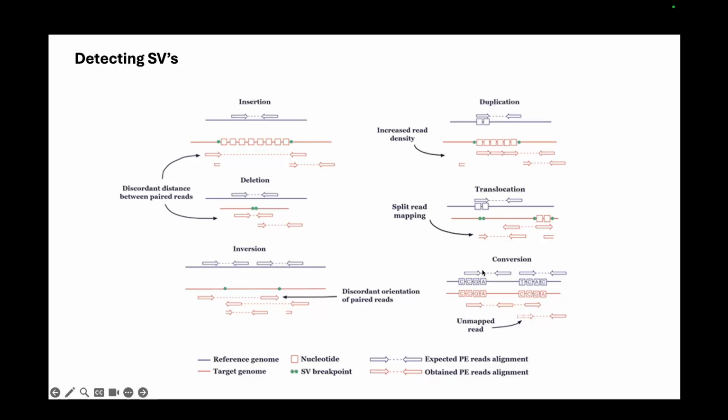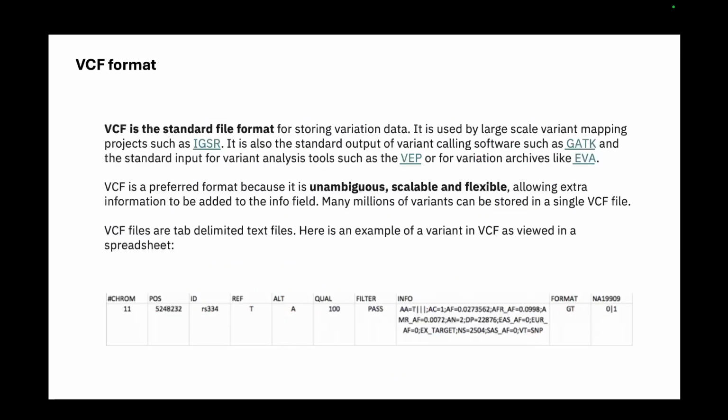If there's split read mapping, where a part of a read is mapping somewhere and another part is mapping somewhere else, that can be indicative of translocation. There can be other ways to determine as well. Read depth, split read, and paired read are the most commonly used techniques. You can use de novo techniques as well, using graphs to model these SVs.